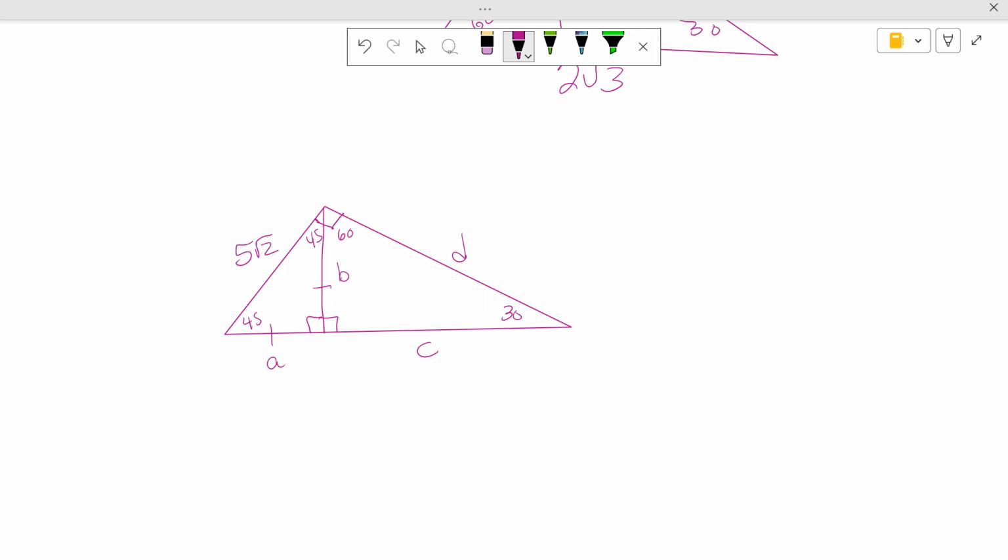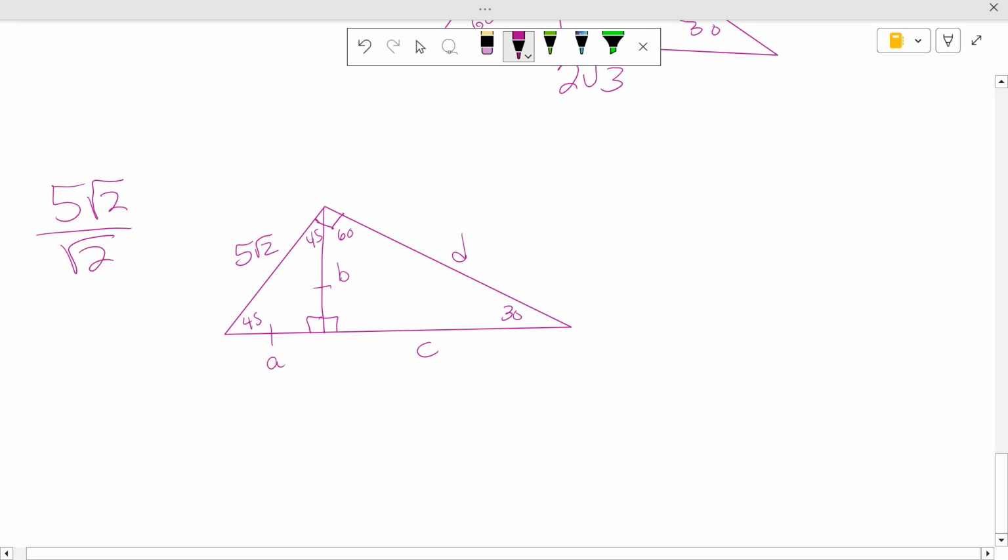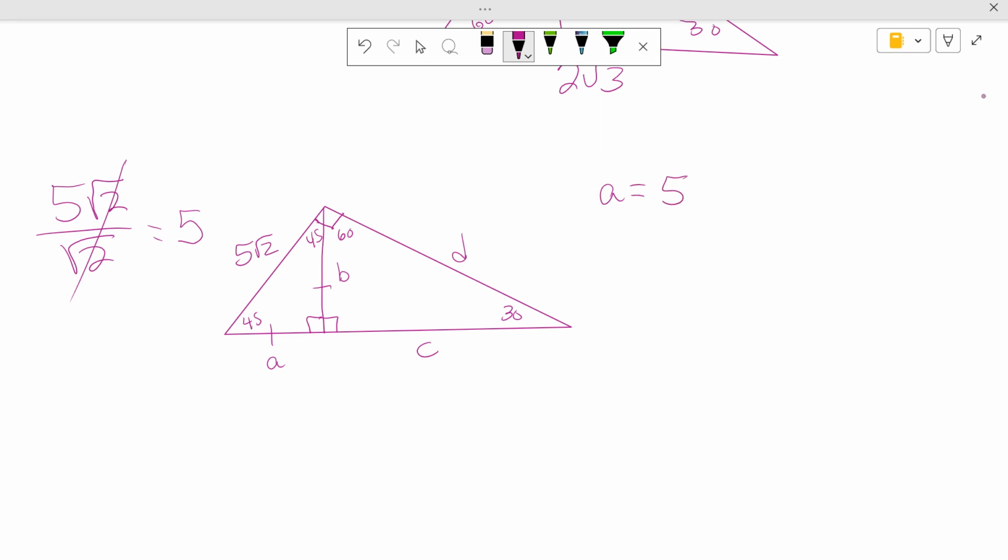To get from the hypotenuse to the side, you divide by the square root of 2. What's 5 square root of 2 divided by square root of 2? 5. So A would equal 5.